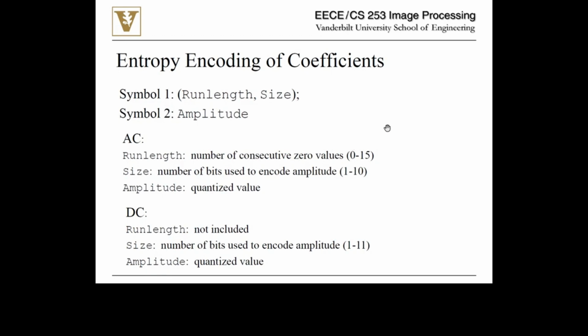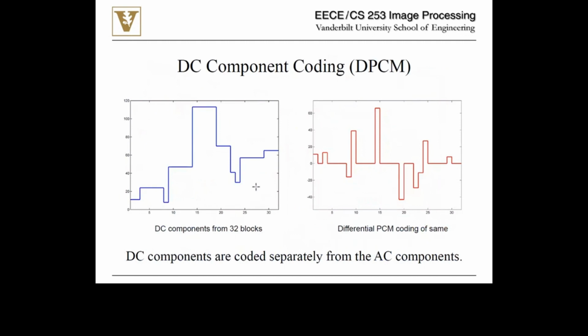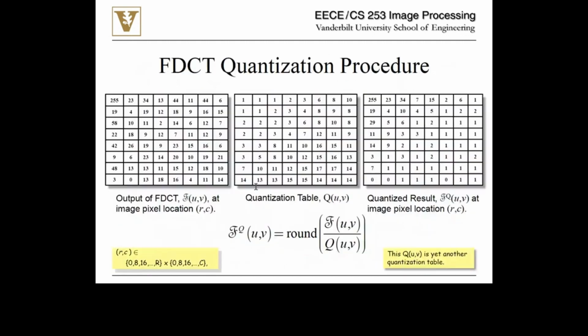This run length: we already reasoned that in these quantized tables that we have to send, there will be a lot of zeros, because the high frequency components will have low values, and because of the delta, they will be rounded to 0.